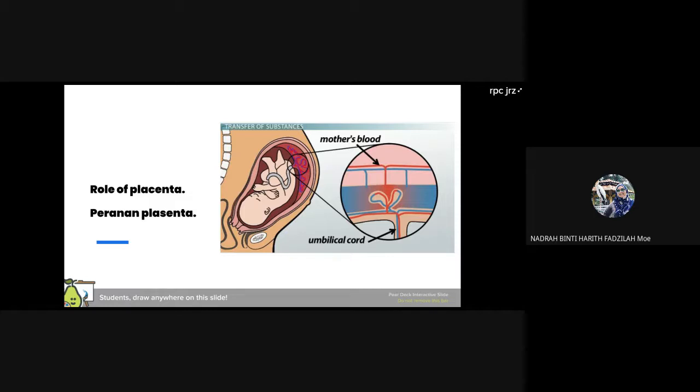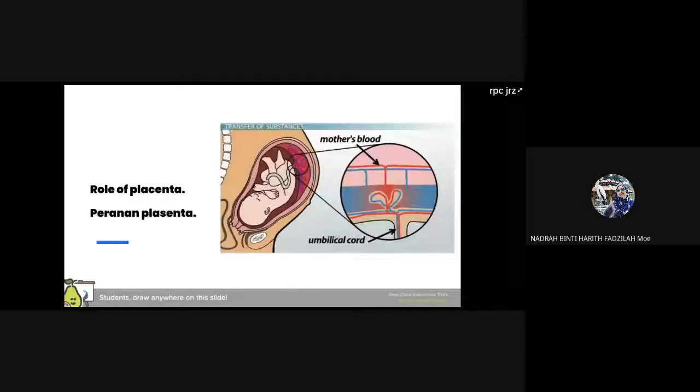Once the first trimester is over, in the fourth month of pregnancy, the placenta is already fully developed and functional, so it takes over from the corpus luteum to secrete estrogen and progesterone.